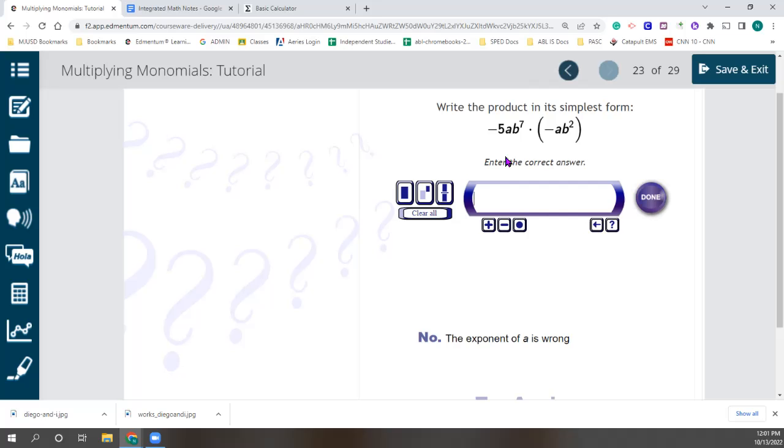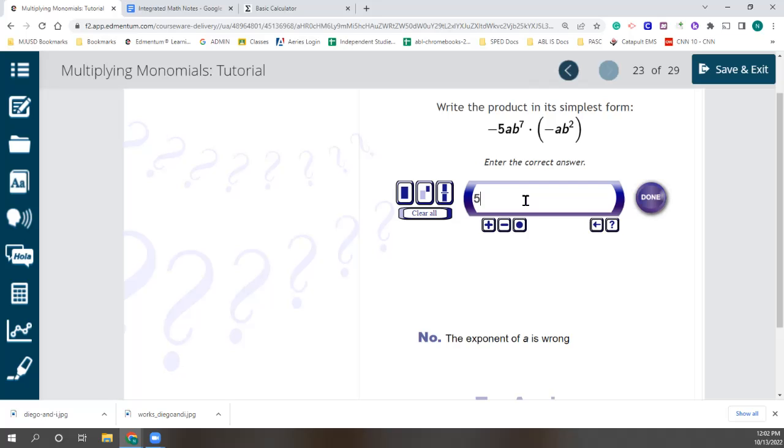7 plus, or sorry, plus the AB2. So that should be adding, should be 9. So I'm a little confused. So I'm going to put the answer again. A negative times a negative should be a positive.